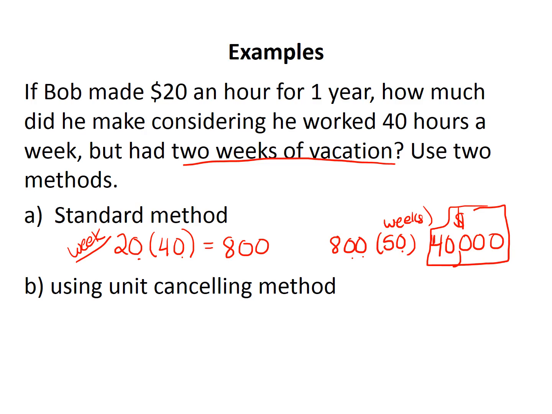The unit canceling method is going to pop up later in this course, so maybe we will go ahead and use that. So he made $20 an hour. Whenever you see an hour, it can be written like this, $20 per hour. And for 1 year, so you do times 1 year, and he worked for 40 hours a week.